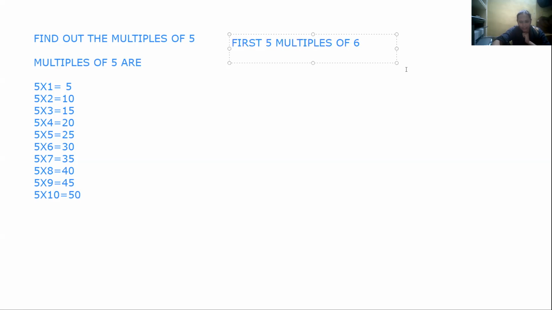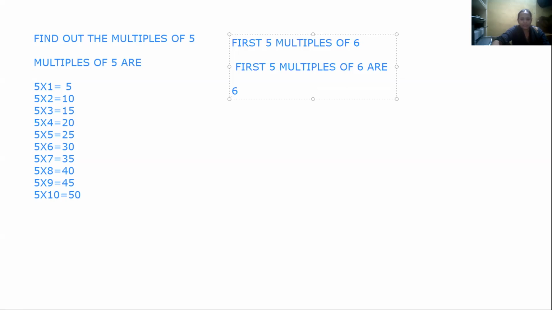So how will you find out? First 5 multiples of 6 are. Now you tell me till which number you are going to multiply 6.